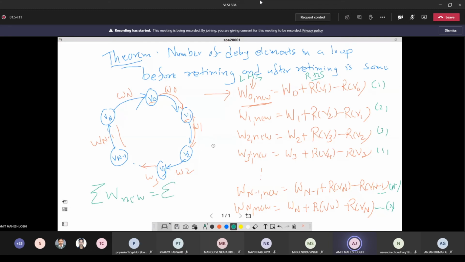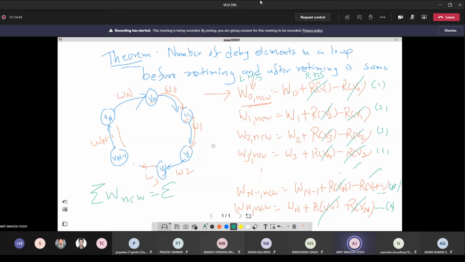Here if you observe, when I add them, this gets cancelled, this gets cancelled. This R of V1 cancels with the next equation. Similarly, Vn and V(n-1) get cancelled with the previous ones, and R0 cancels too. So what you are getting is the summation of W new equal to the summation of W old.